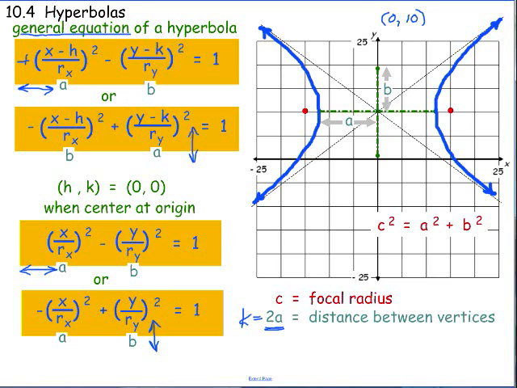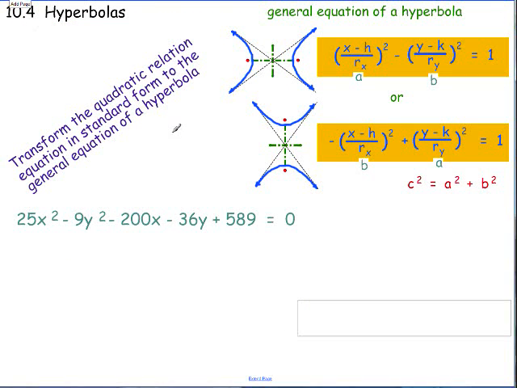So let's pick up where we left off, which is right here. We're going to transform the quadratic relation equation, which is in standard form. See this, x squared, y squared, xy. So we're going from squared terms to linear terms to a constant term.